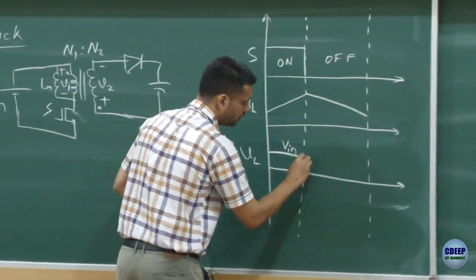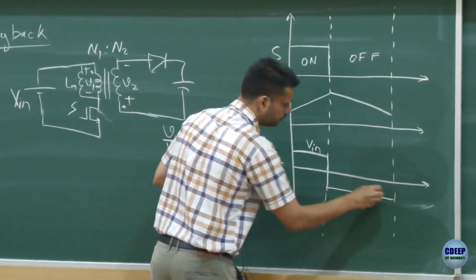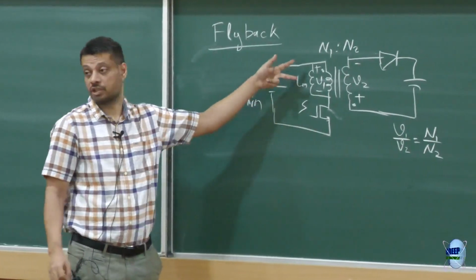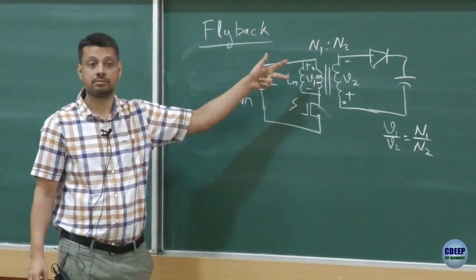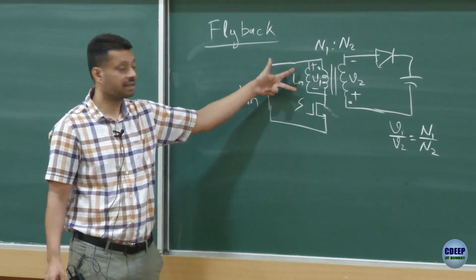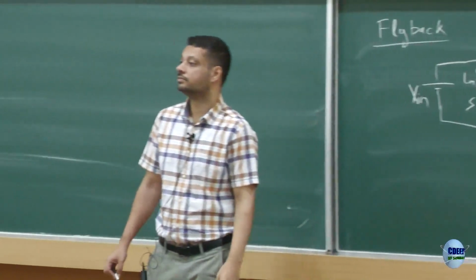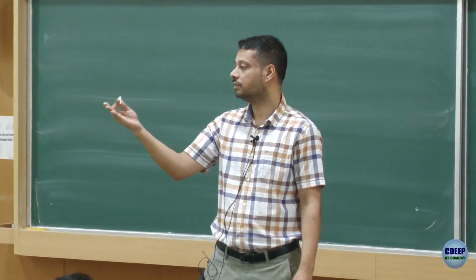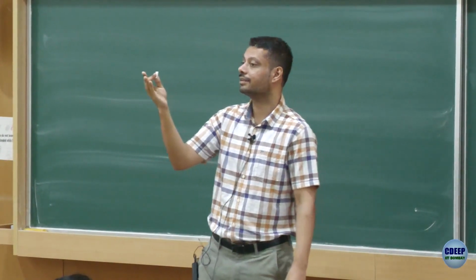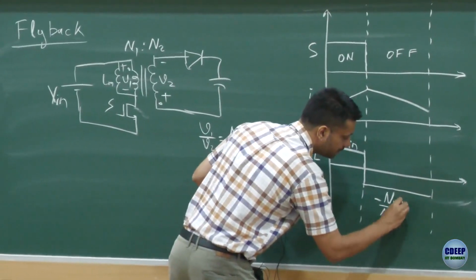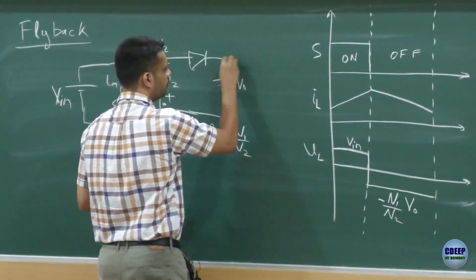When the switch is off, the voltage across the inductor is equal to V1, minus N1 upon N2 times VO, where this is the output voltage, right?